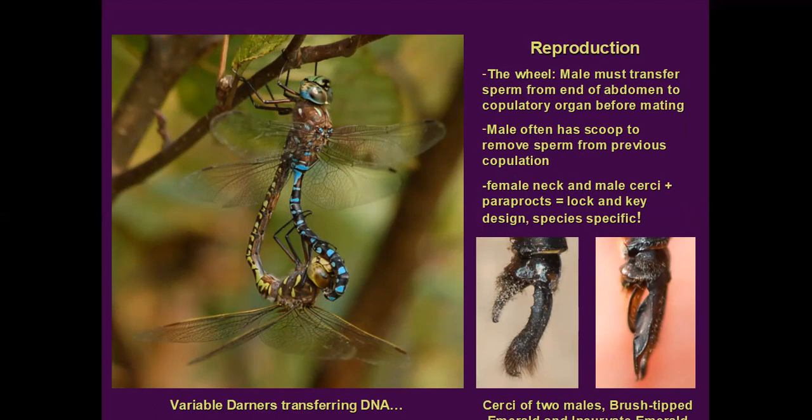So the sperm from the male actually comes out of the end of its tail, but he has to deposit the sperm into his copulatory organ under his chest.